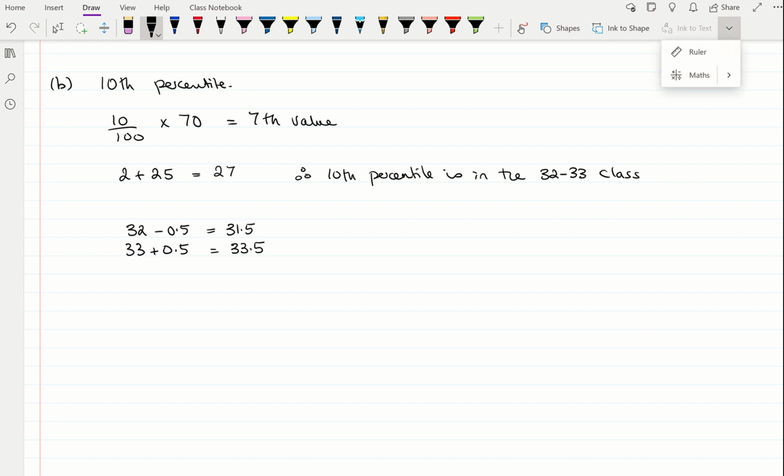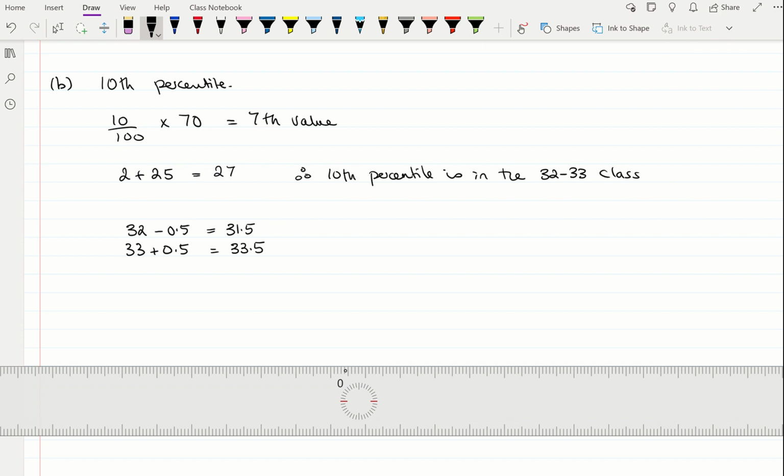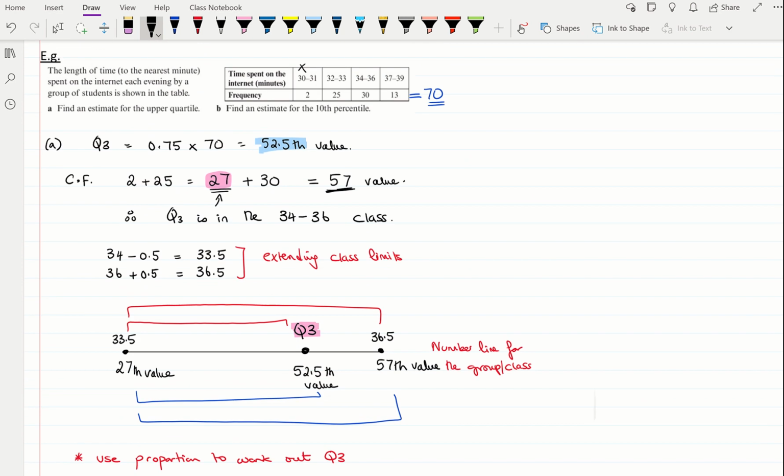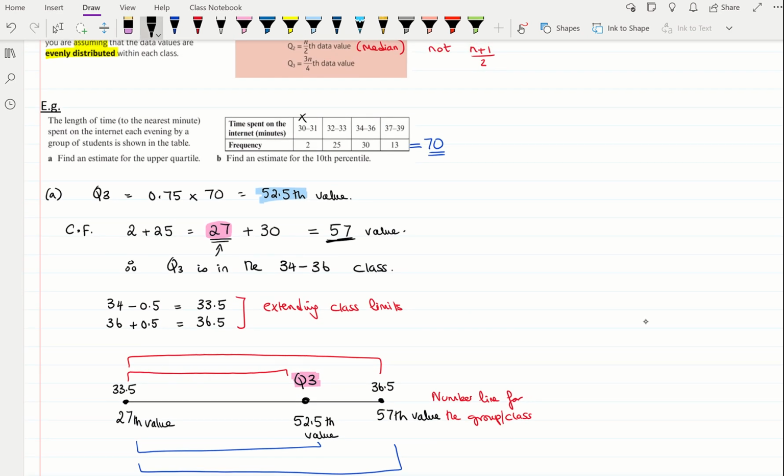I'm going to create my number line for my class. My class starts at 31.5 and ends at 33.5.